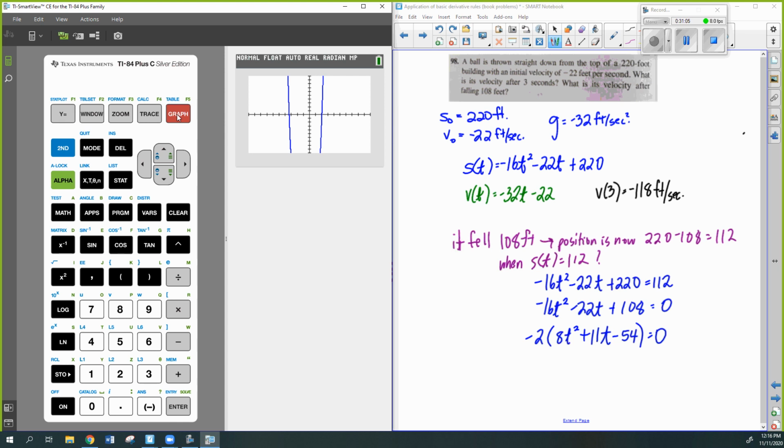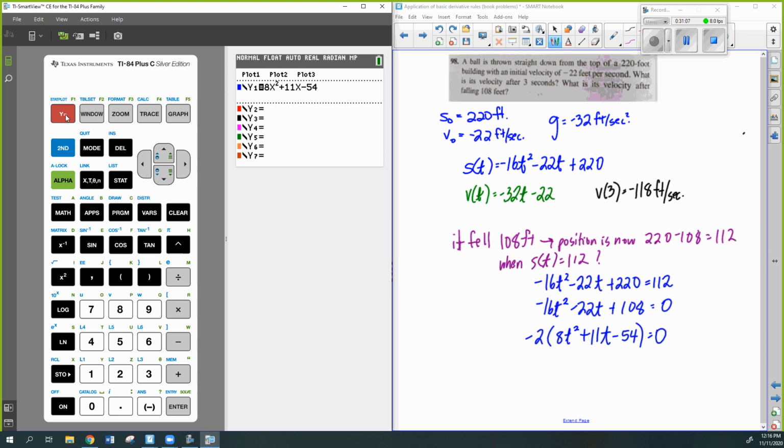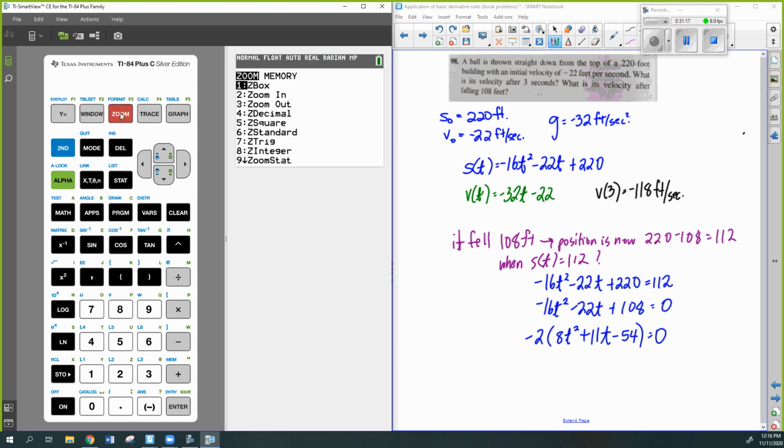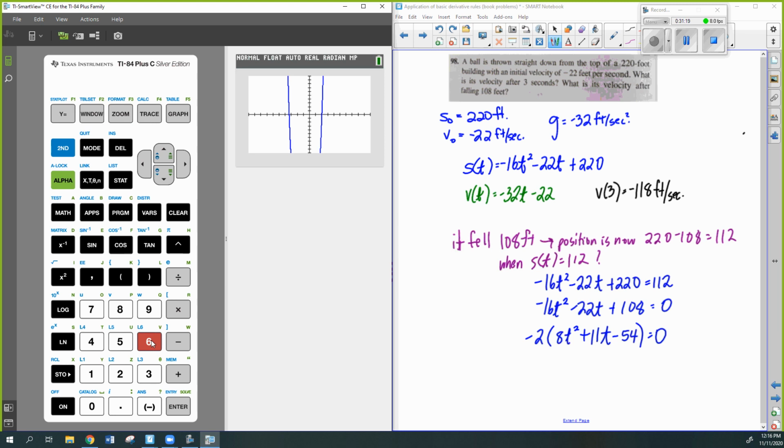I told you, I did not put in the -2. Neither did I. And I can't even see mine. Mine didn't show up. And hit zoom 6. Does that fix it?